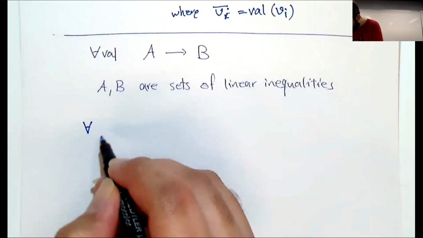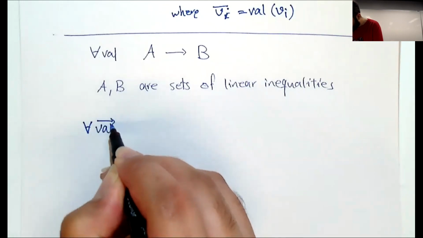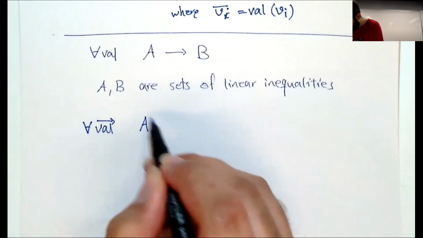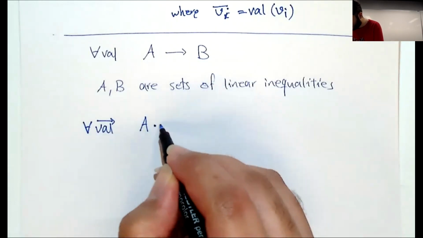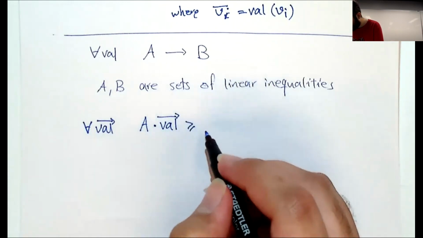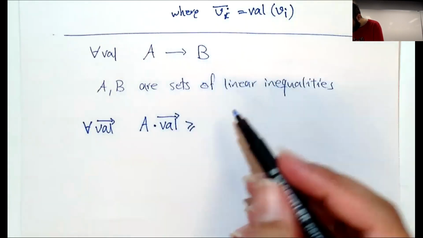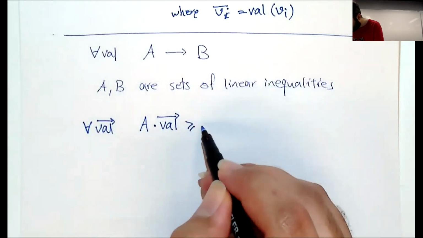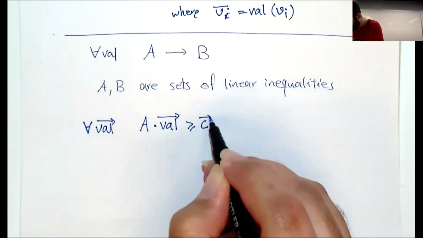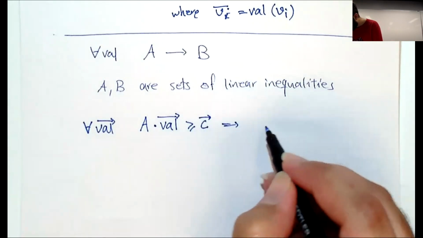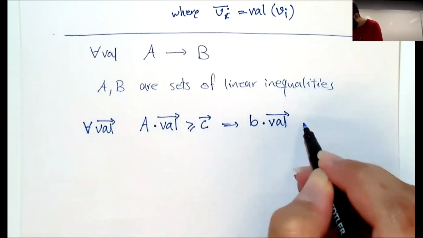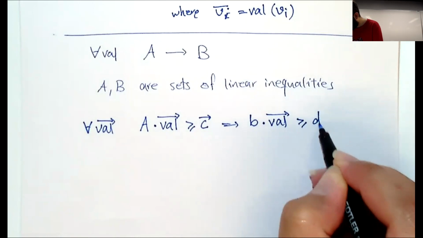I can say for every vector valuation, if A, so I can think of A as just a matrix, if A times this valuation is greater than or equal to some other vector, let's call it C, then I should have also B times this valuation greater than or equal to some D.